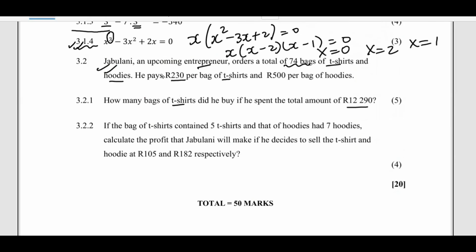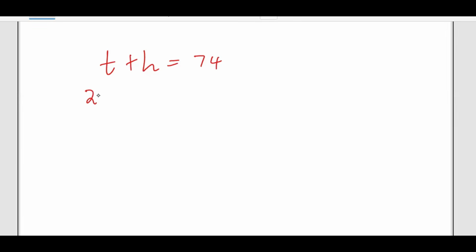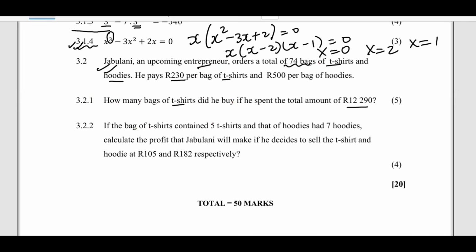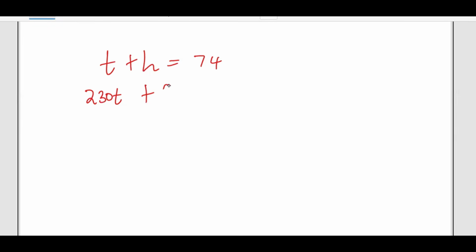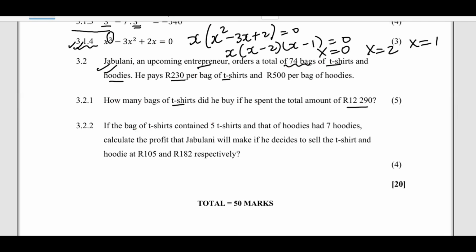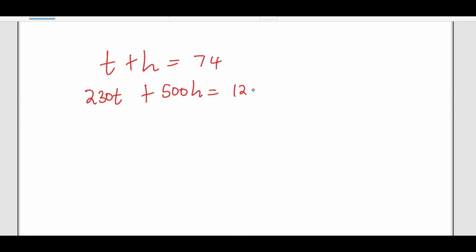But this guy spent $230 per t-shirt bag, so 230T plus 500 for the hoodies, 500 each. It should give us 12,290. That is equation 1. Equation number 2, it's up to you.